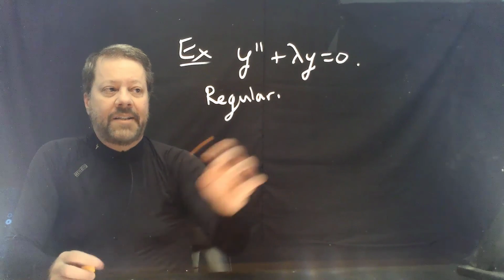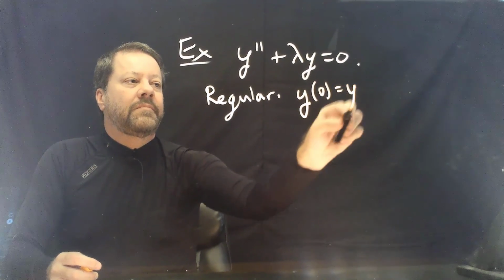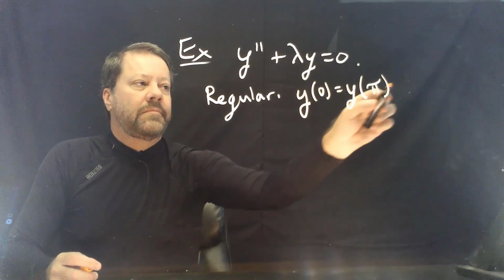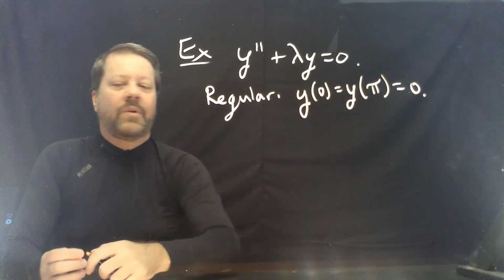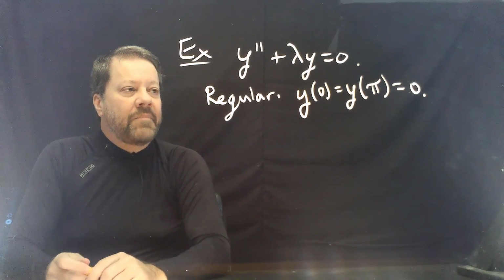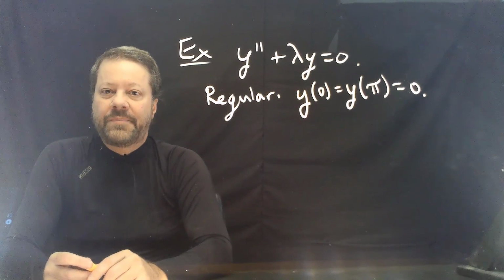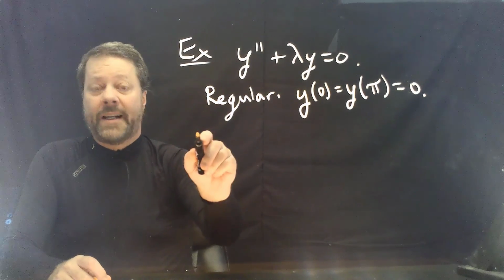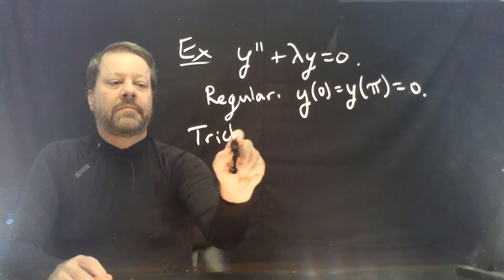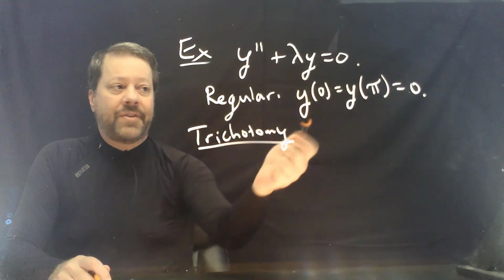Our Robin data is going to be boundary data in this case. We'll assume that the interval is going to be from 0 to pi, and that at both endpoints the value of the function in question will be 0. By trichotomy, we'll have three cases to consider.